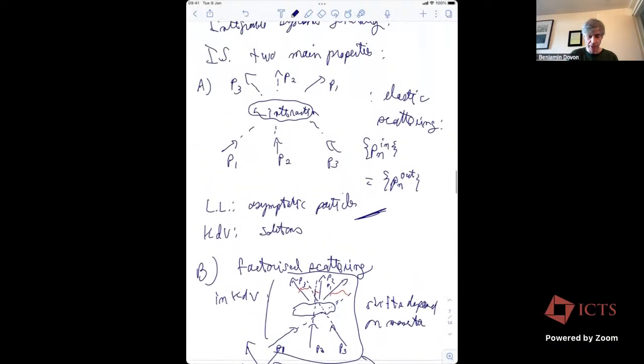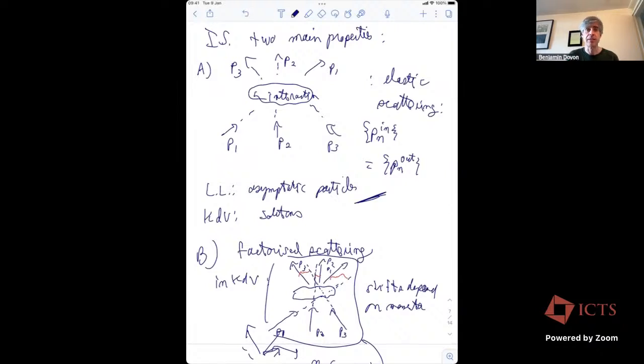Scattering is both elastic and factorized in integrable systems, meaning that if you start with particles that are very far from each other, which may be solitons, collective excitations of quantum chains, or the actual particles of the model, like the Lieb-Liniger model or the hard rods, and you let them collide and do a scattering process, a lot of complicated stuff happens, there's interaction.